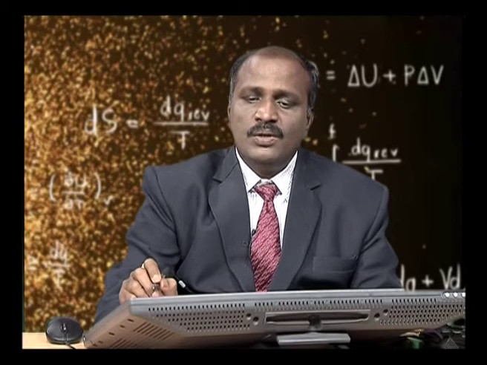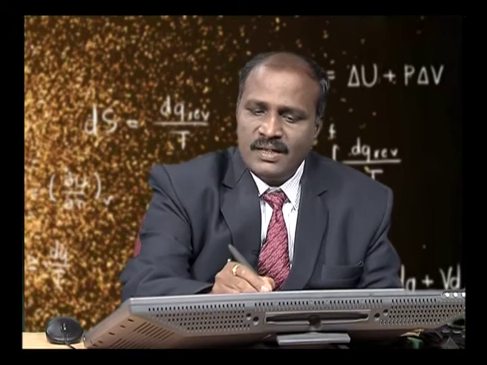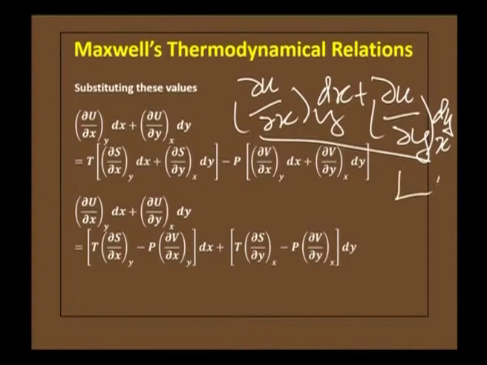Because u is a function of two variables, x and y, there are two partial derivatives. So, this is the left hand side of this equation. Replacing delta h by this equation, the left hand side turns out to be ∂u/∂x of y into dx plus ∂u/∂y of x into dy.